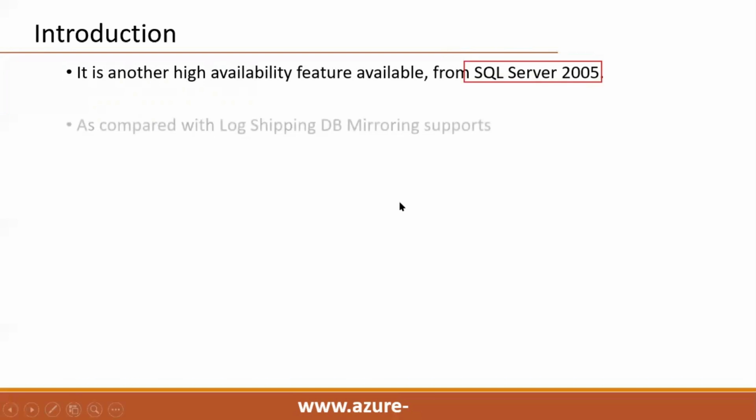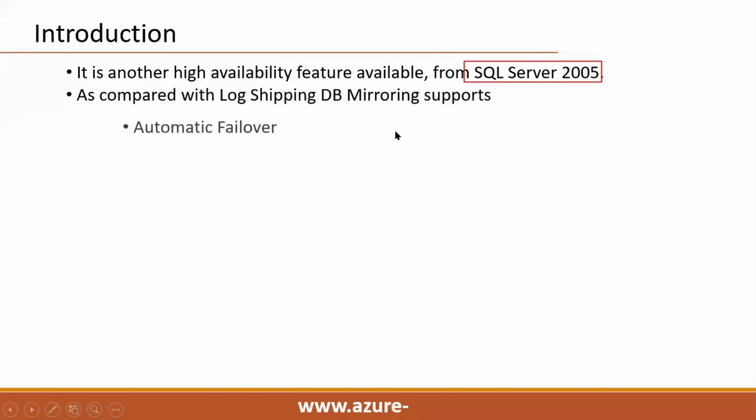As compared with log shipping, these are the major benefits of mirroring. One is automatic failover. It means that tomorrow if the principal database crashes, the mirror automatically becomes principal. In log shipping, we have seen the terminologies primary server and secondary server.